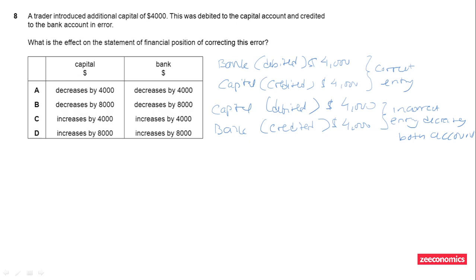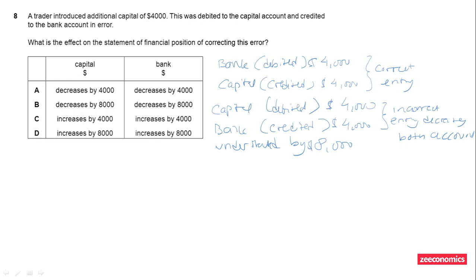Understated by how much? Understated by $8,000, both accounts.